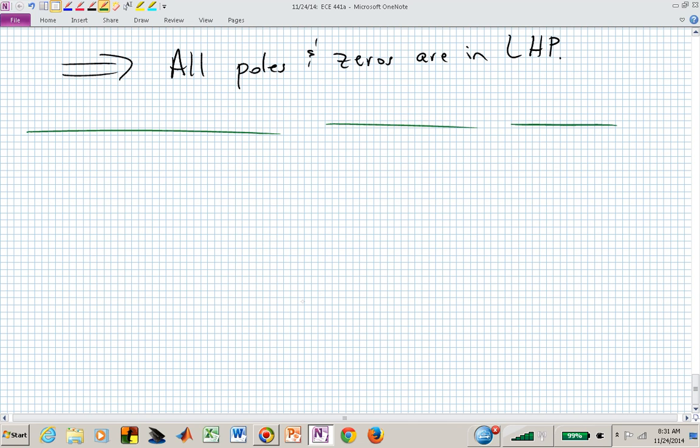Suppose now that I provide two different zeros. I have one at, let's say, minus 1, and another one, I'll say in red, at plus 1. This is now the S-plane.